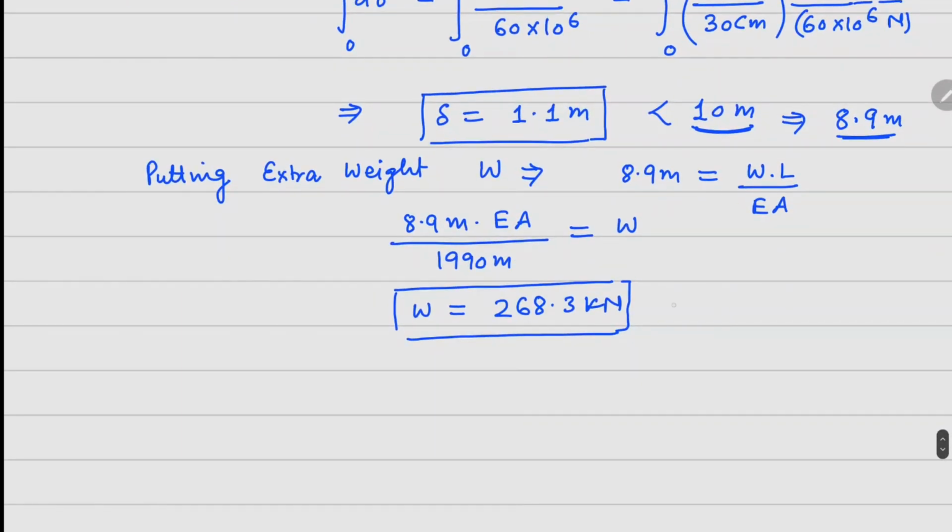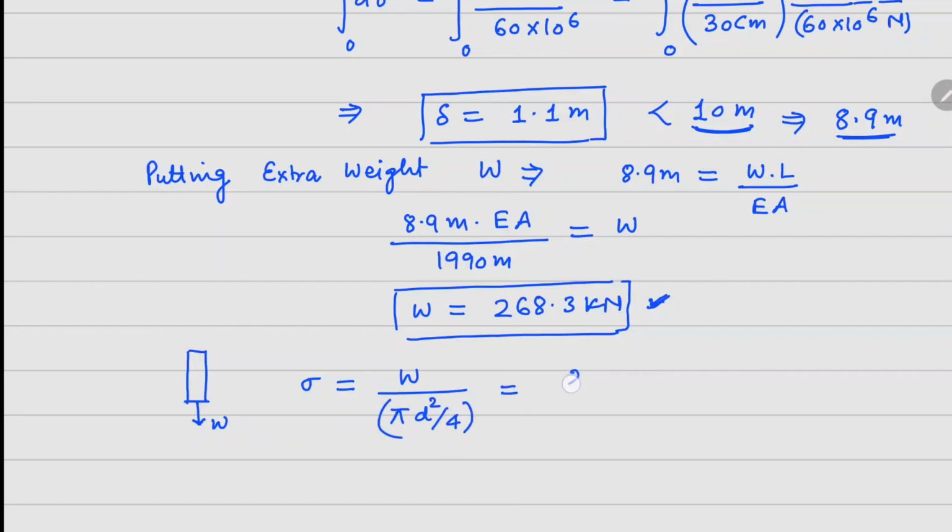Now what we need to see is that when we are hanging this weight at the bottom, and in addition there is that self weight present, is your wire strong enough to hold that weight and the self weight? If you do a rough calculation based on this W itself, you can check the value of stress, which is W divided by the cross section area. Because the diameter is given, the area is pi d squared divided by 4.